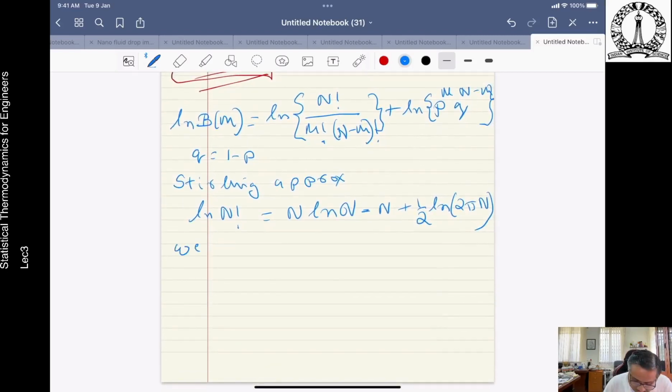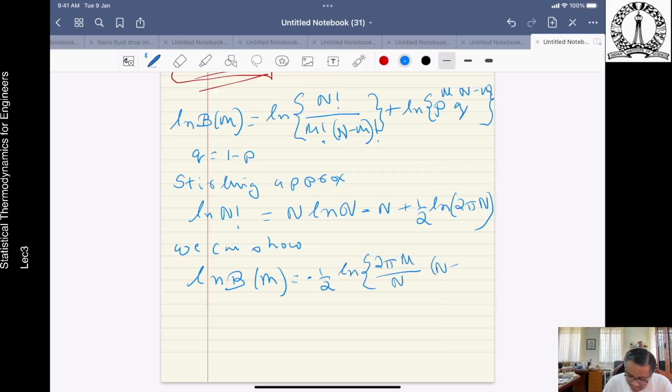So we can show that ln of the binomial distribution is given as, and this is a little long, ln of root 2 pi n, n to the n minus n, the first term. Let us call it term 1.